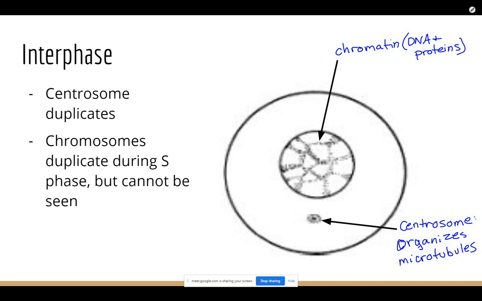And chromatin consists of DNA and proteins. The DNA is loosely wound around those histone proteins. If you remember, we looked at a diagram in the last unit that showed this kind of beads on a string. That's what this looks like. So it's wound around the histones, but it's not coiled up super tightly, and it's not visible when you look through a microscope.